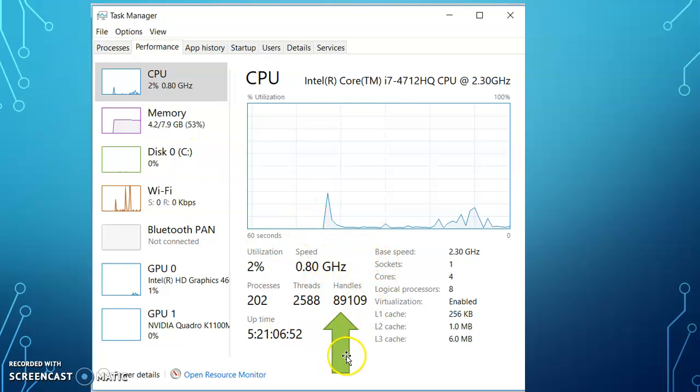At the time I did the snapshot of my computer while it was running, I had 89,109 handles. For the program that's running in the demo, one handle represents the keyboard, another handle represents the console that comes up on the screen, the output part, and another handle is to the file that's on the computer.